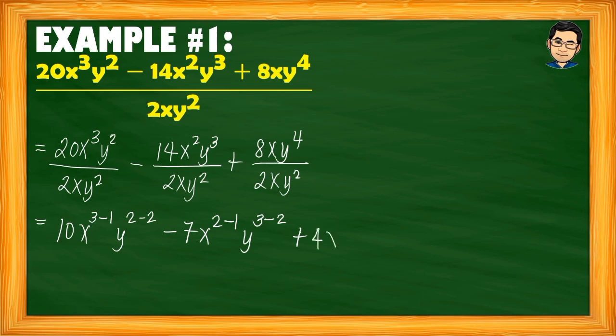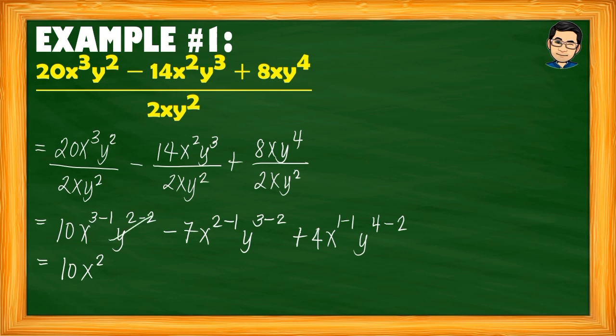Then x raised to 1 minus 1, and then y raised to 4 minus 2. Next, 10x raised to 3 minus 1, that is 2, and then y raised to 2 minus 2, that is y raised to 0, and that is 1.